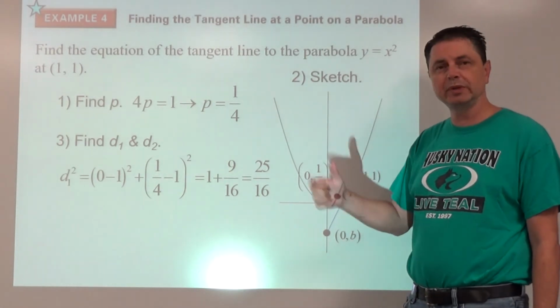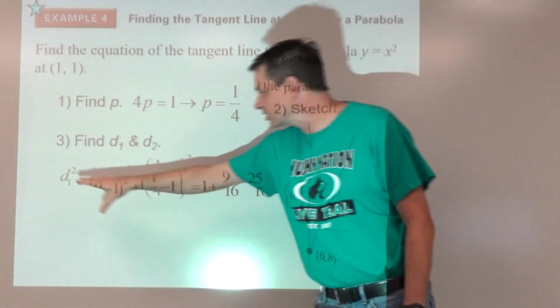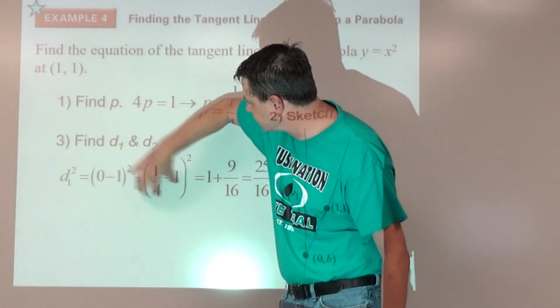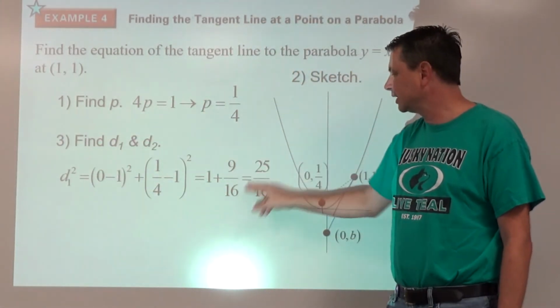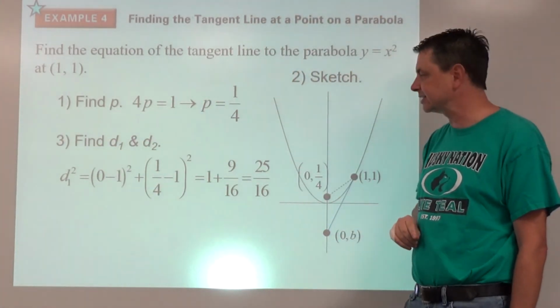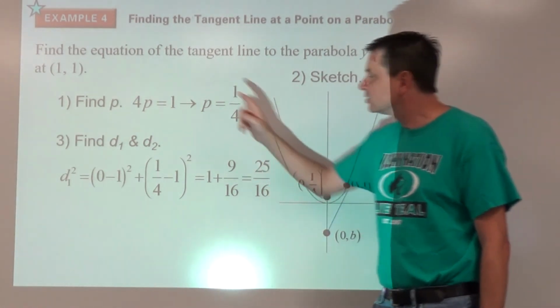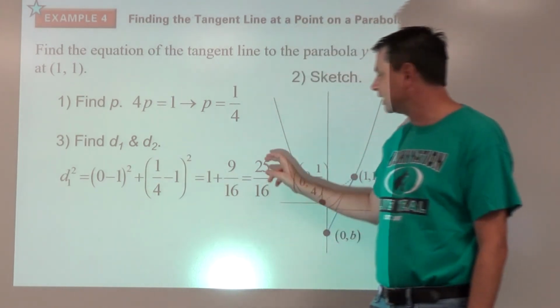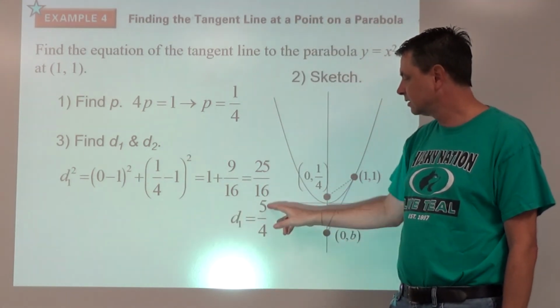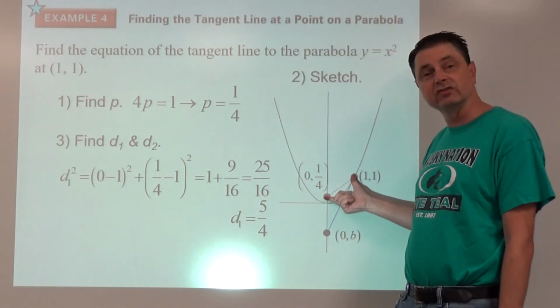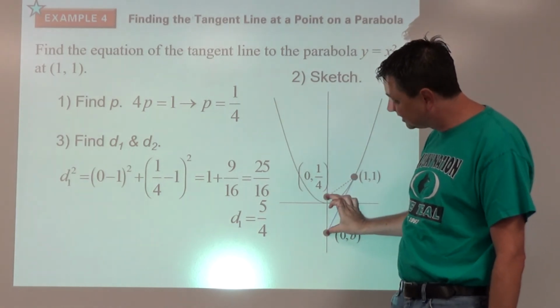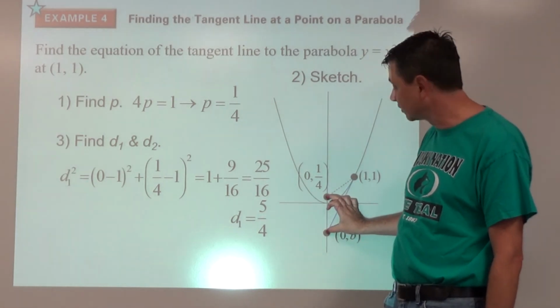Distance squared is the squares of those. We would get 25/16 by doing the distance formula. That's distance squared. So if we square root that, we're going to get the distance 5/4. That distance is 5/4, which means that this distance is also 5/4.